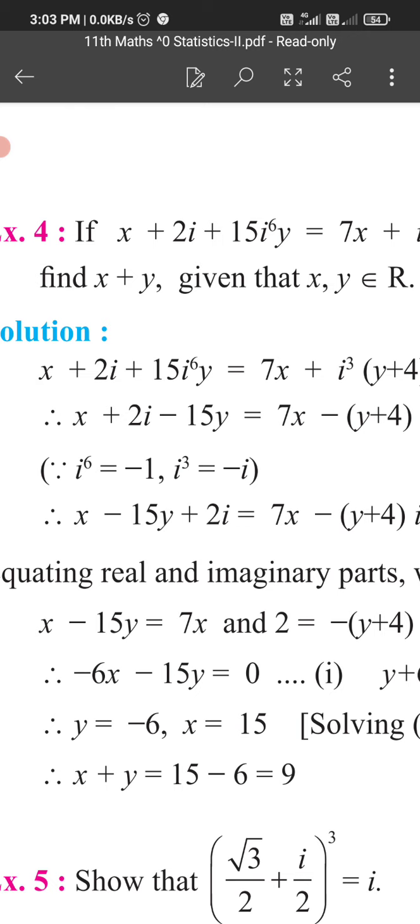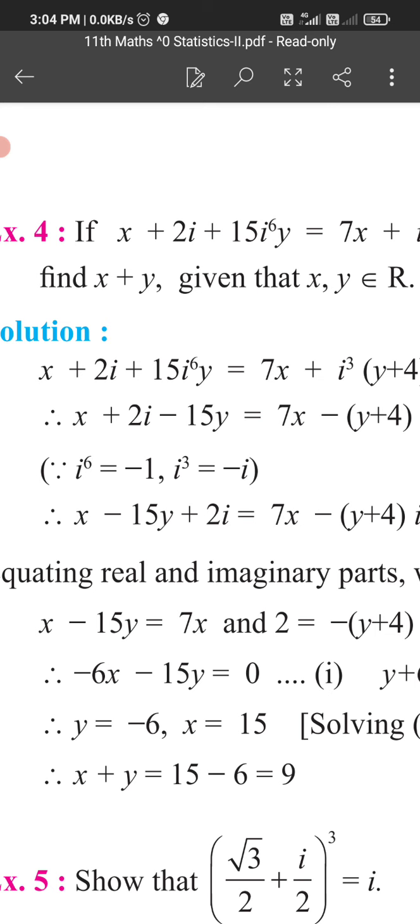Then we get −6x = −90. Minus minus become plus, x = 90/6. That's why we get 15, 15 × 6 is 90. Then we find the value of x + y. x + y, that is 15 − 6 = 9.